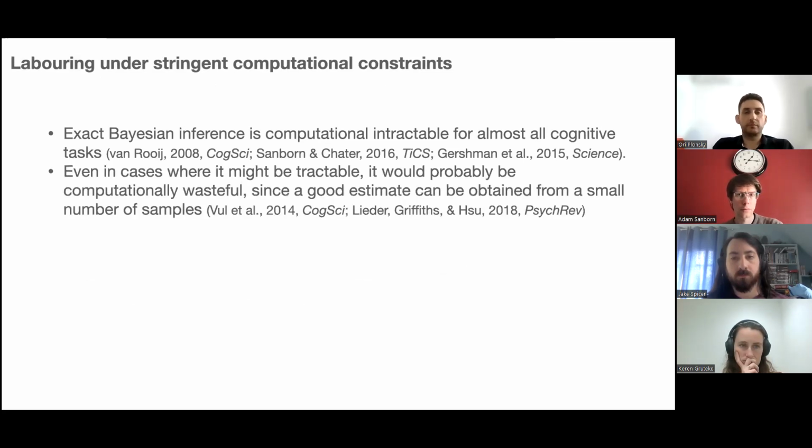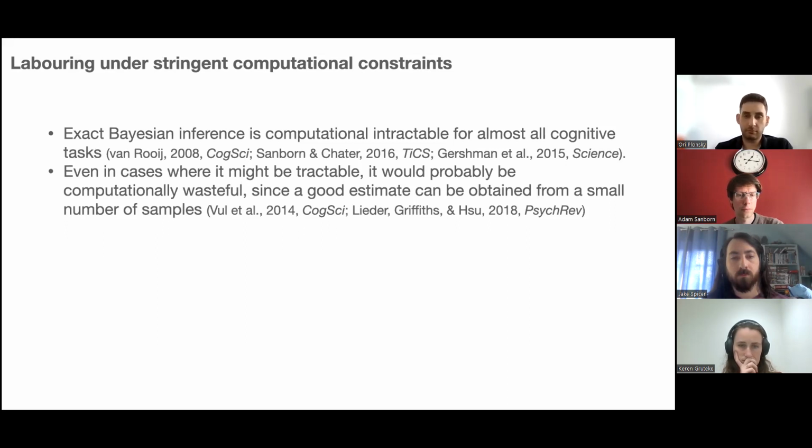And even in cases when it can be tractable, it will probably be wasteful to do the exact Bayesian inference, because we can get a very good estimate assuming a sampling-based approximation. A good estimate can be obtained with just a small number of samples.